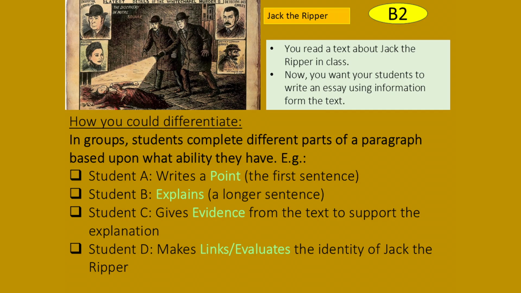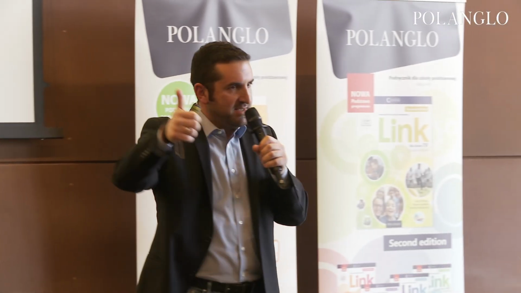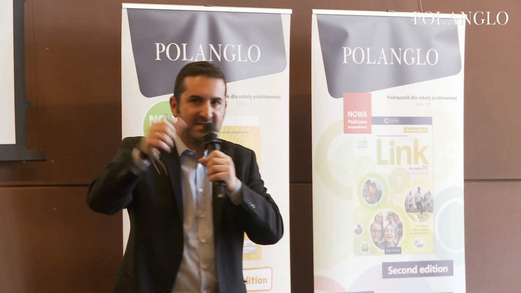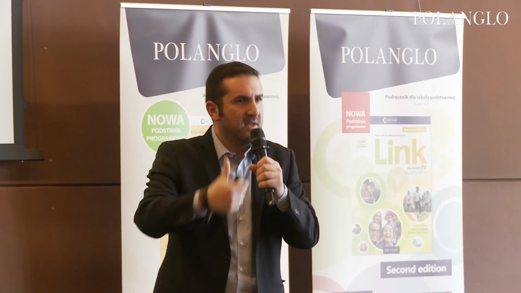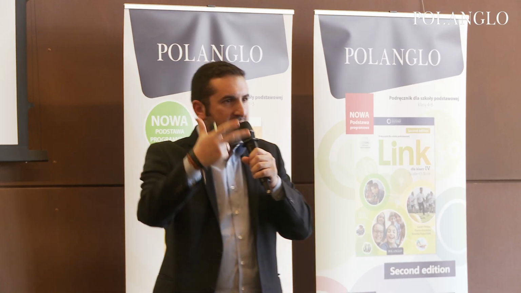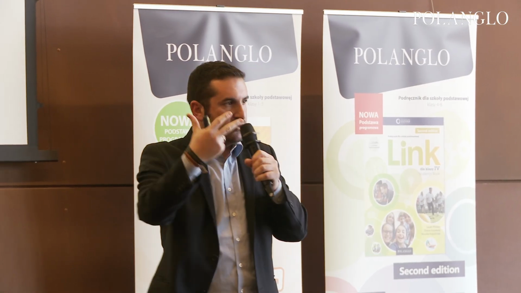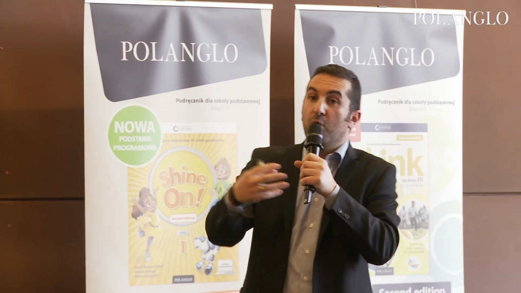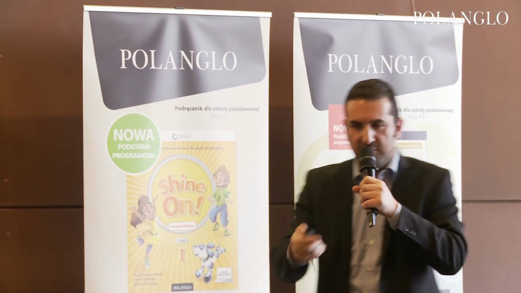You might be using a different one. There are many different structures that we can use. So it's one sentence to make a point, which is like the statement of the paragraph. Explanation, evidence from the text to support it, and then link, the final and more challenging sentence at the end of the paragraph.